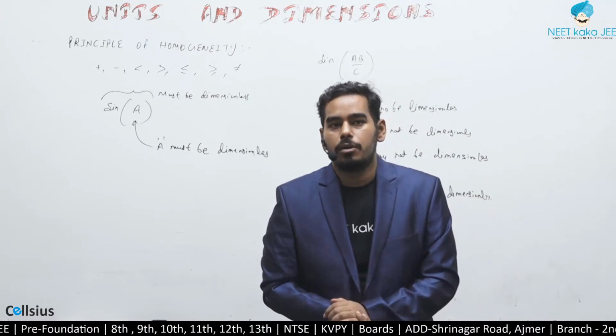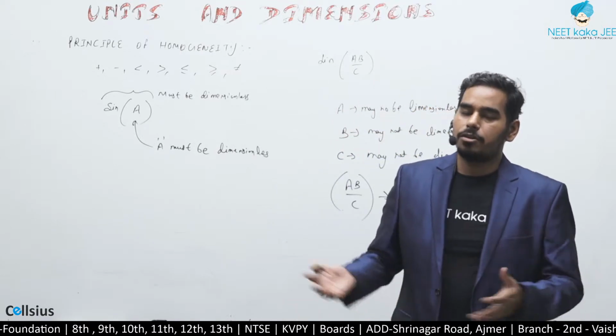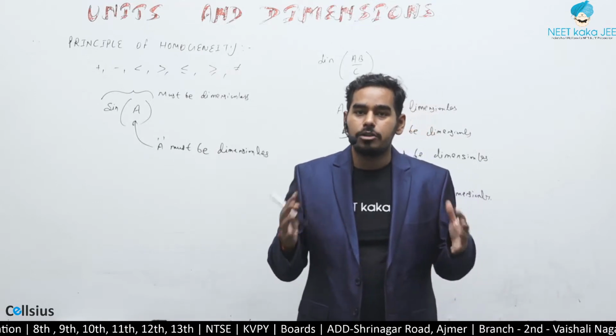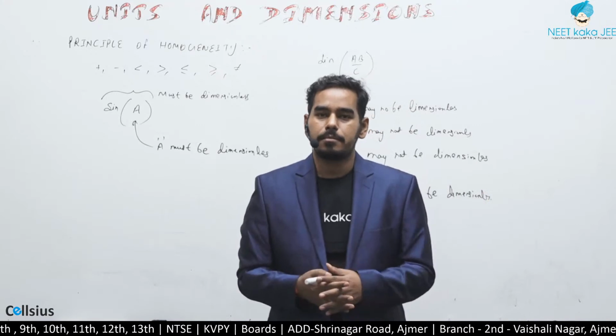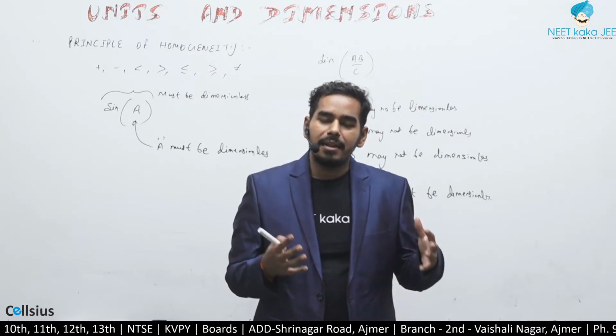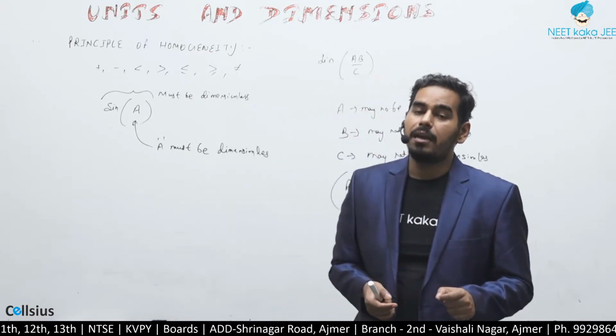It's not true. All dimensionless quantities are not unitless, because you can see over here angle. Angle is a dimensionless quantity, but it is not unitless. The unit of angle is what? Radian. The unit of solid angle is what? Steradian. So angle though is dimensionless, but it is not unitless, okay?